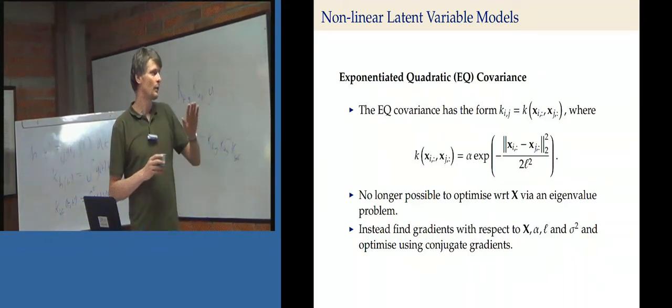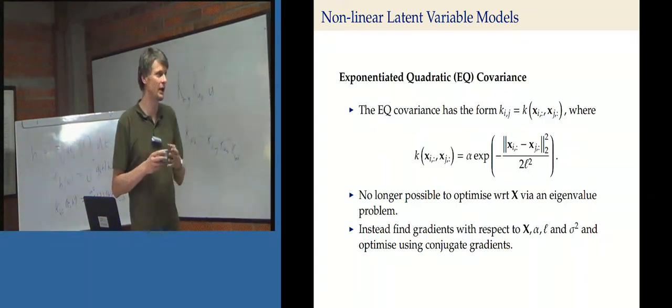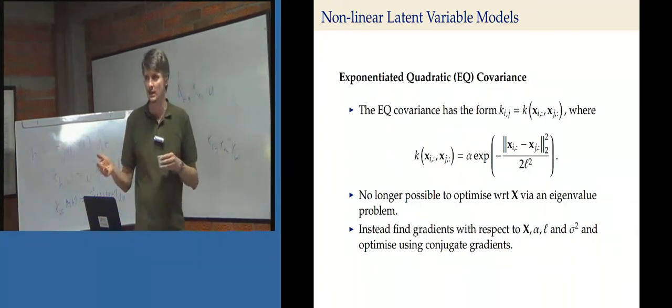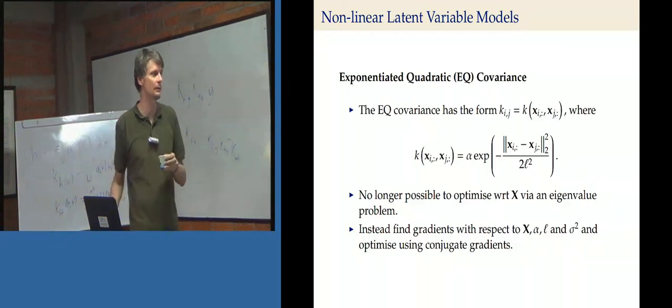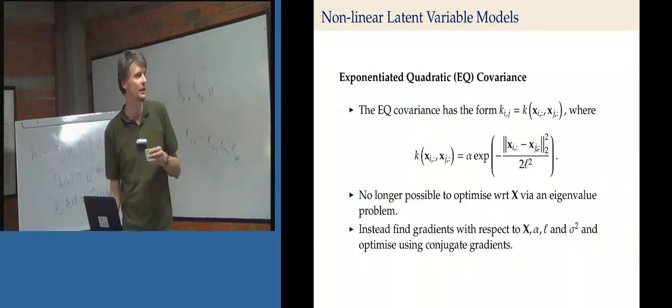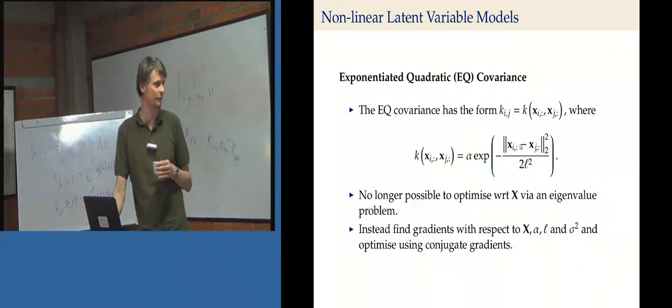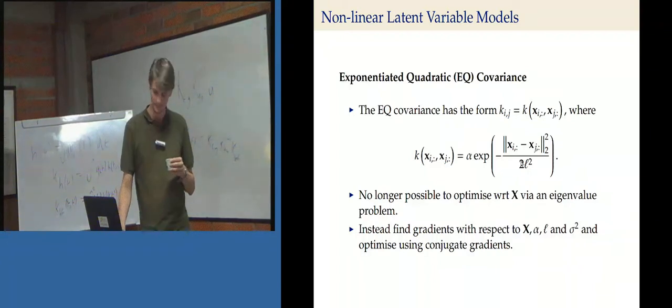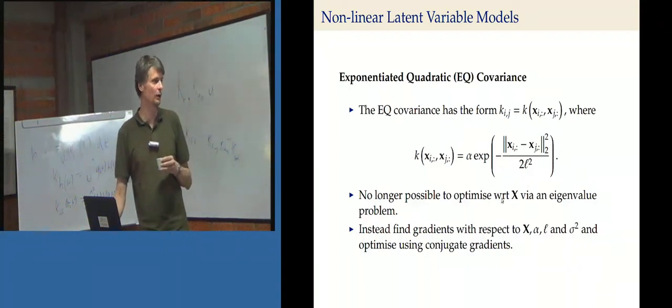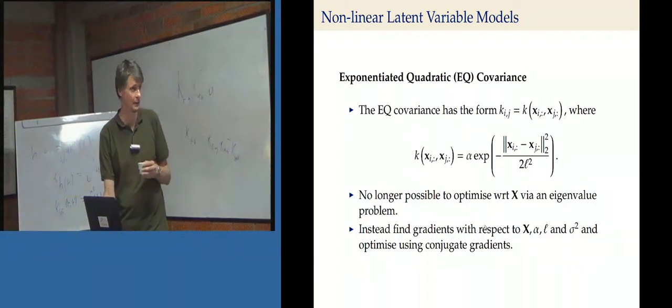So the first thing we do, though, is we obviously try our old favorite, the exponentiated quadratic. But in order to do this, all you need to be able to do is differentiate the covariance function with respect to x. So you don't need to use the exponentiated quadratic. You can use any covariance function where you can differentiate with respect to inputs. But we can't any longer solve for x via an eigenvalue problem.